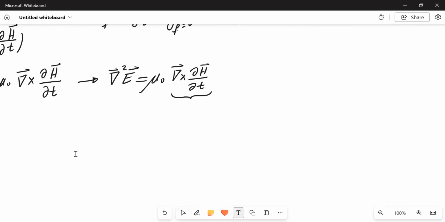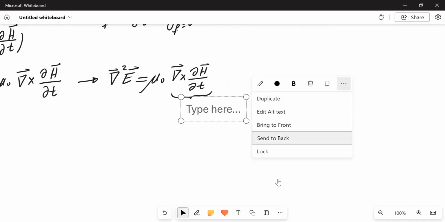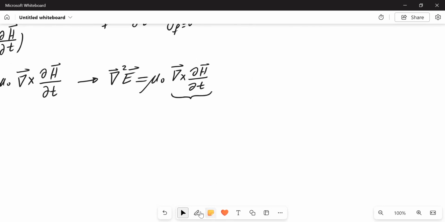term here and write it as the time derivative of the curl of H. I can easily interchange the order of these differential operators, because as I said, space and time are independent here.